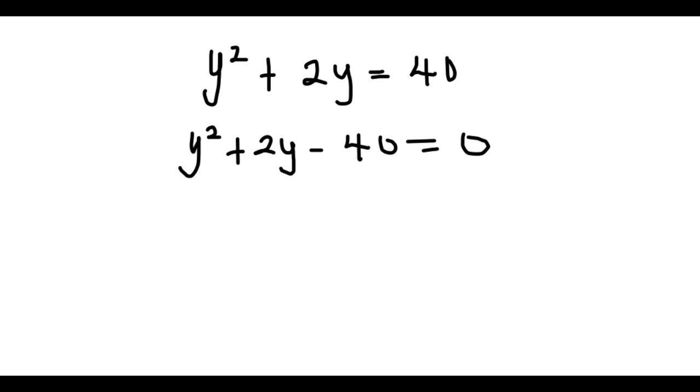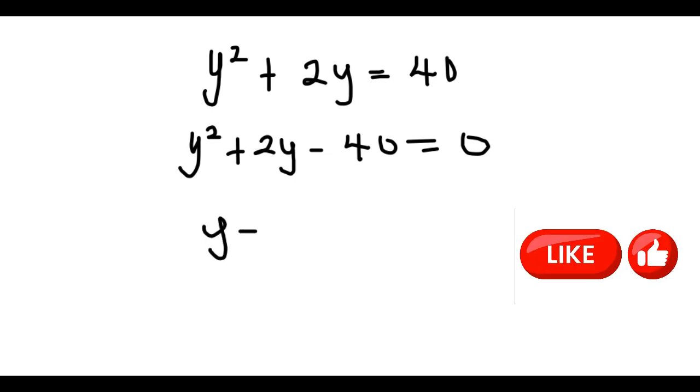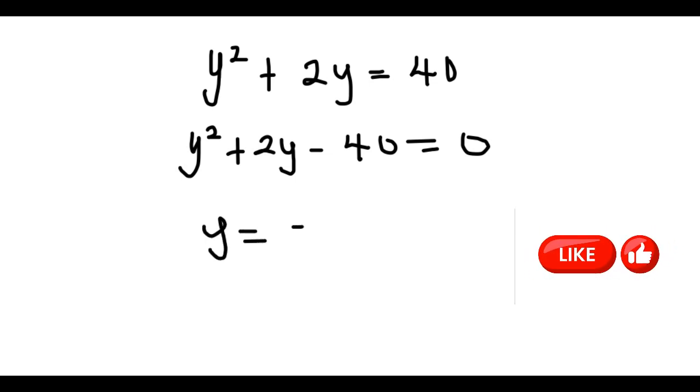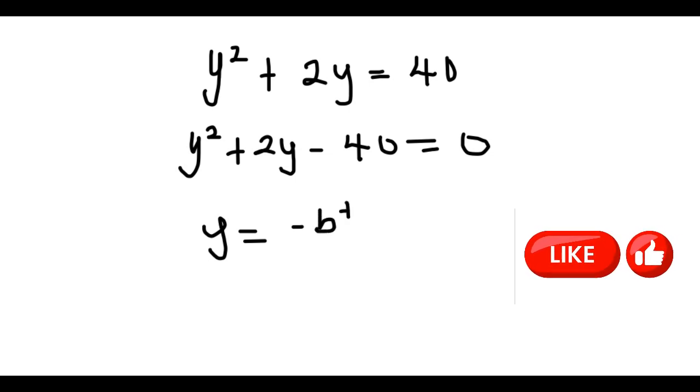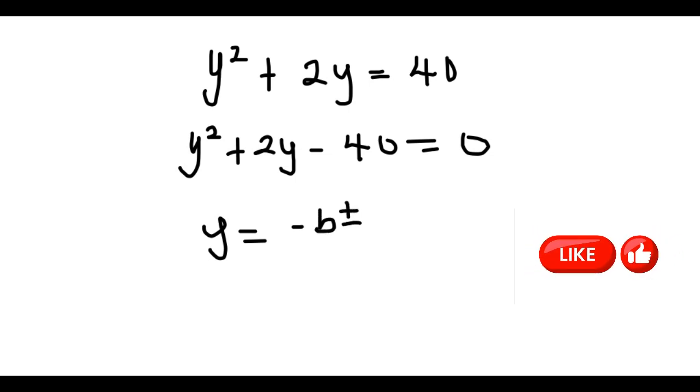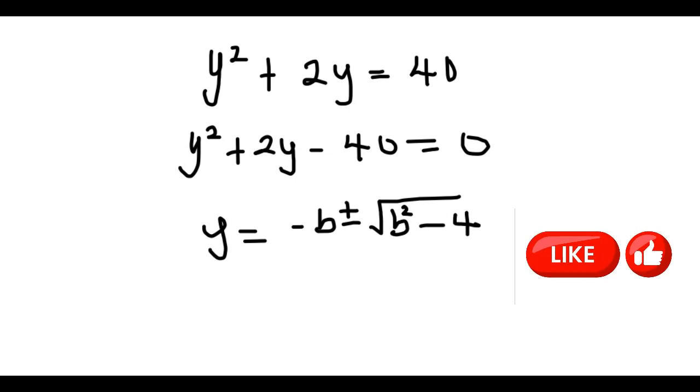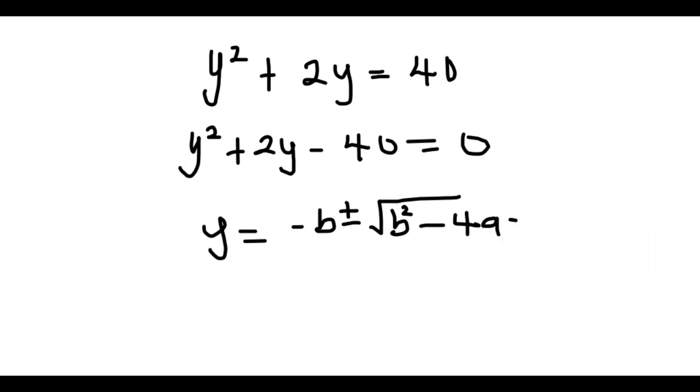So from here we have y equals minus b plus or minus square root of b squared minus 4ac, over 2a.